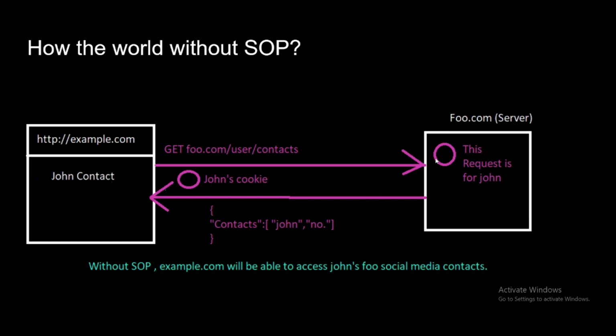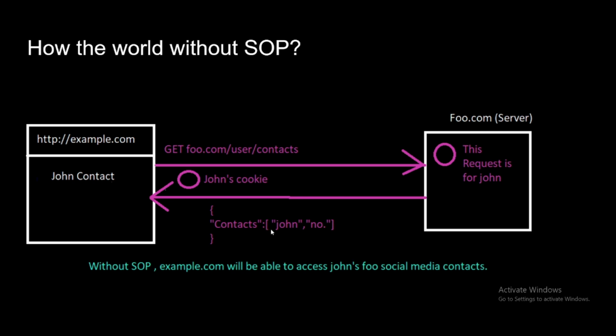It's sending the cookie also, and foo.com checks the cookie, identifies the user, and then foo.com sends the response to example.com, but the browser comes first. Here we haven't implemented the SOP, so of course the server can send the response to the browser, and the browser is allowed to show the response to the client. And of course example.com can see John's contact details here.